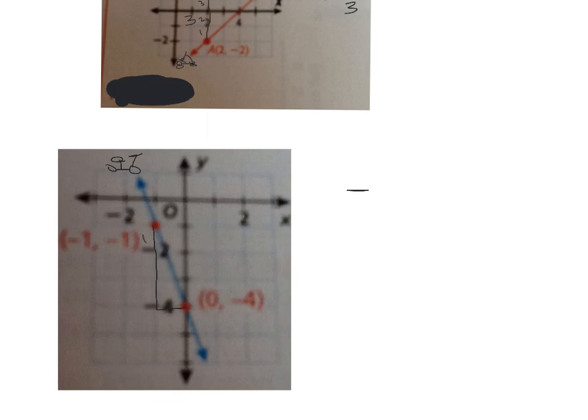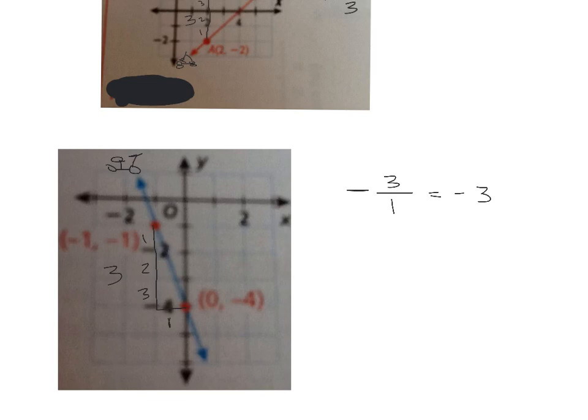We have 1, 2, 3. So there are 3. And then because there's that many boxes, there's 1, 2, 3 boxes. That's how we got that. And then our horizontal change, there's only 1 box to get to the point. So our vertical change is 3 over our horizontal change of 1, which could just equal negative 3 if you want to be super clear about it.